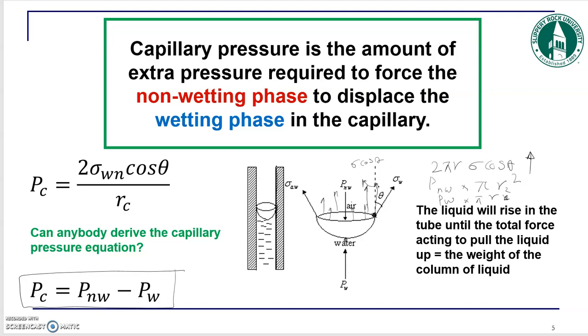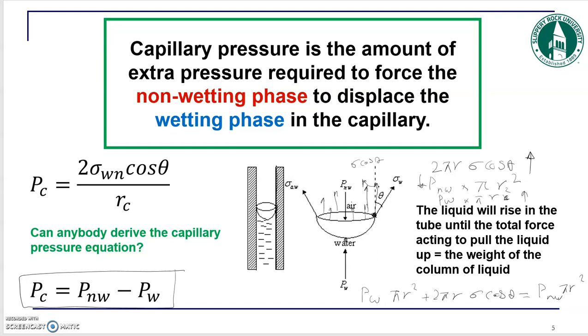Now, if we write the force balance, the pressure of the non-wetting phase is downward, this is upward. So what we get is the pressure of the wetting phase multiplied by pi r squared plus 2 pi r sigma cosine theta is equal to the pressure of the non-wetting phase multiplied by pi r squared.